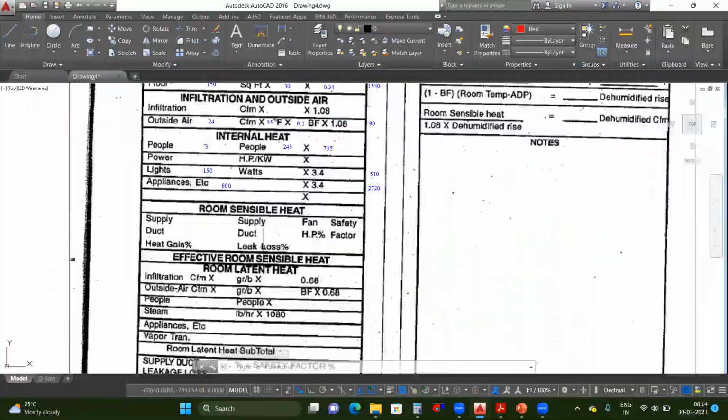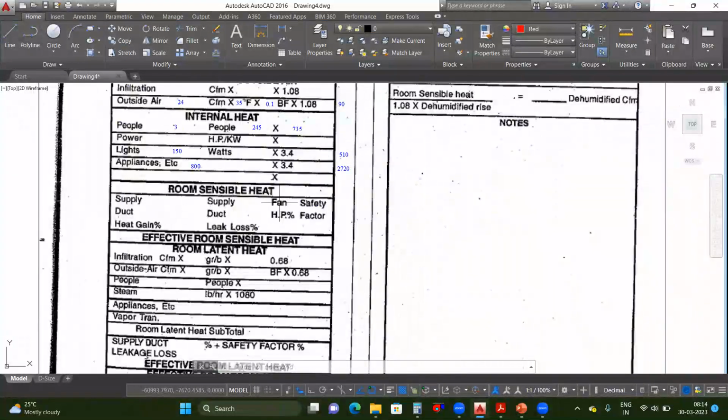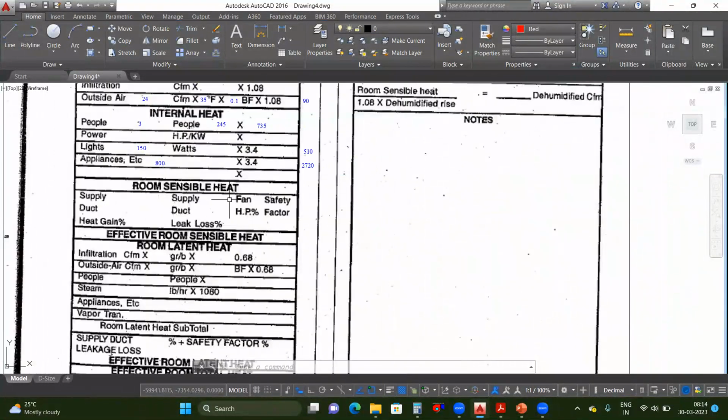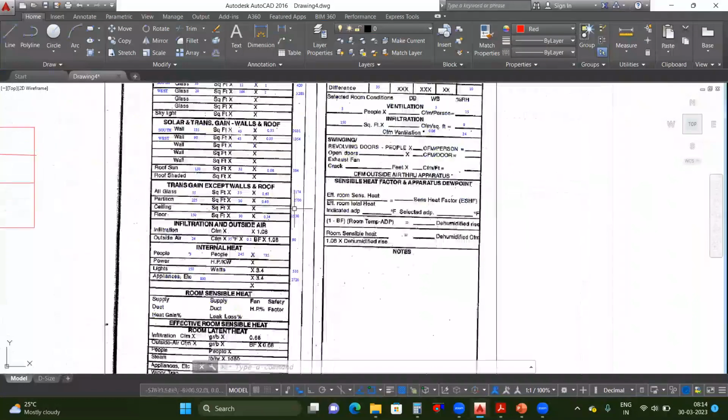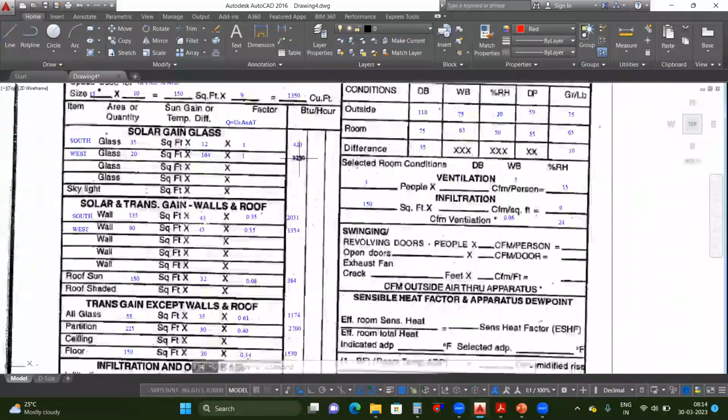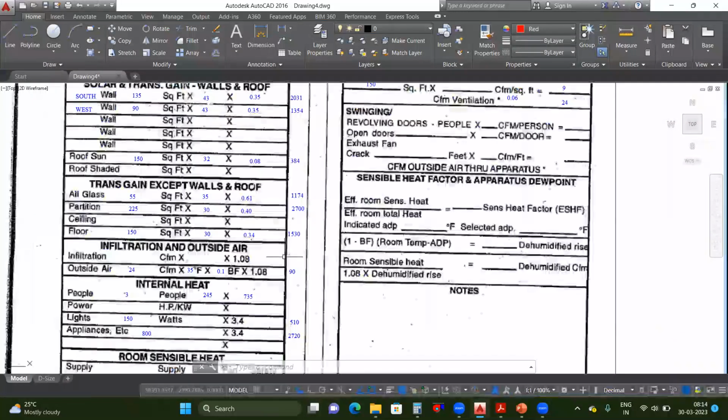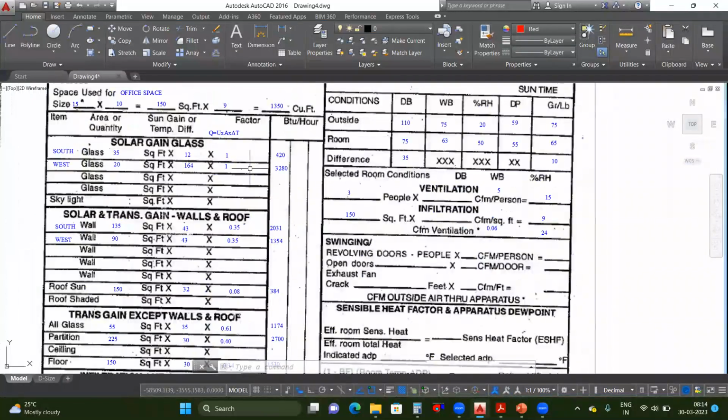So next one is the room sensible heat. For the room sensible heat, we need to add all of this. If we add all this, we will get the total room sensible heat here.